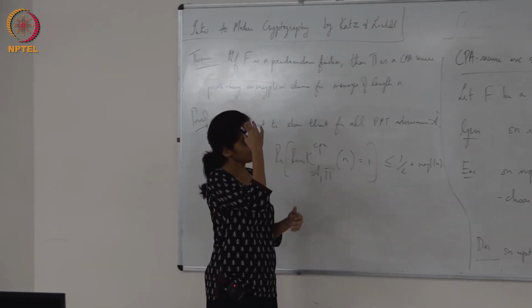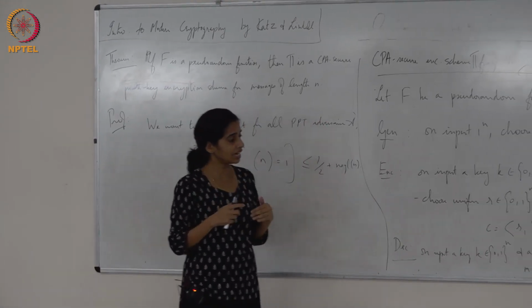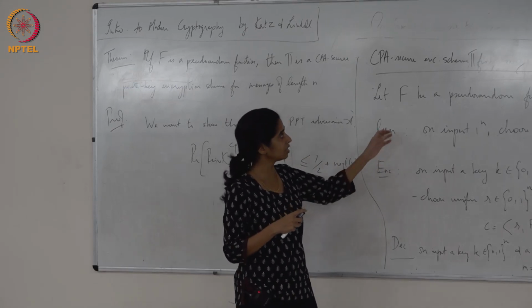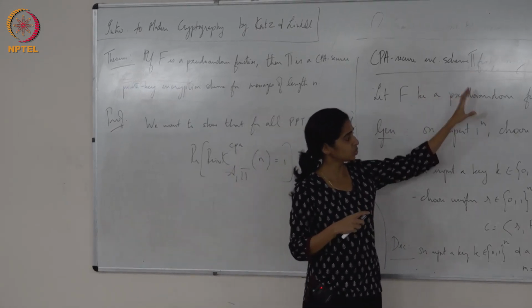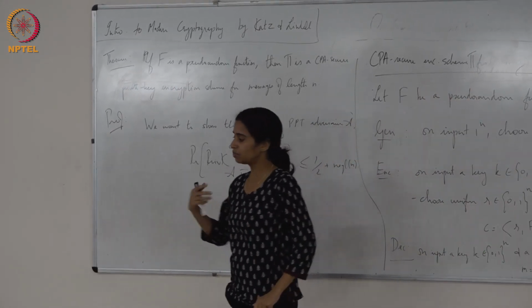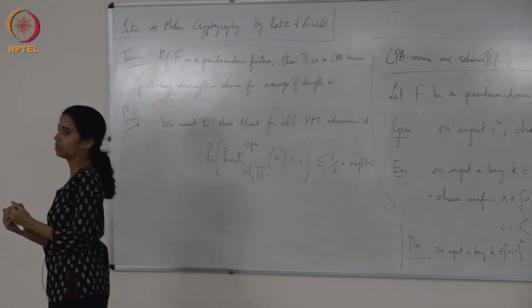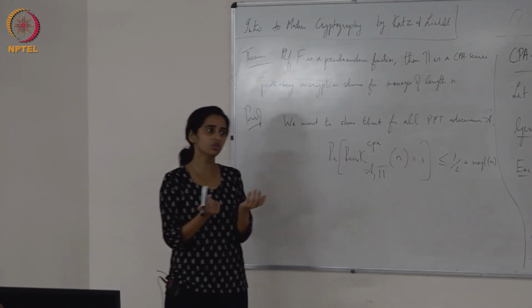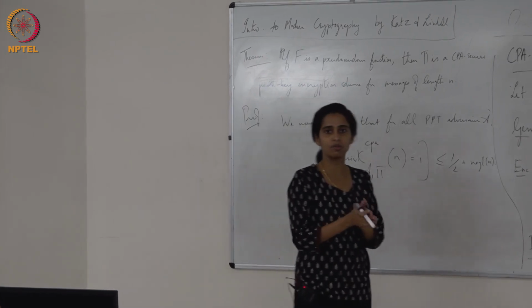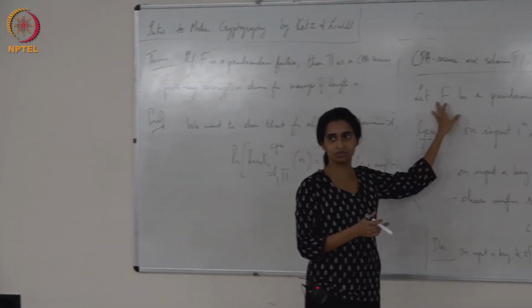Then you argue that distinguishing between whether pi was instantiated with a pseudo-random function or with a truly random function can happen only with negligible probability, by the definition of a PRF.